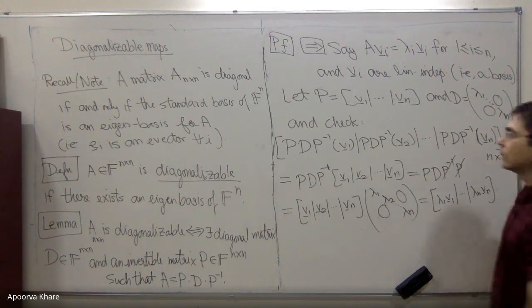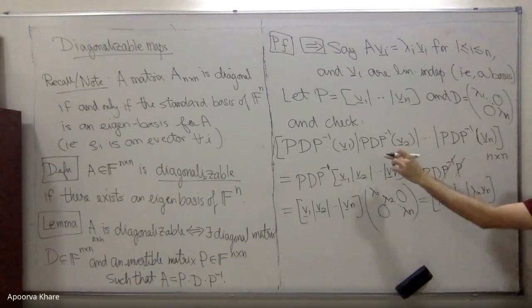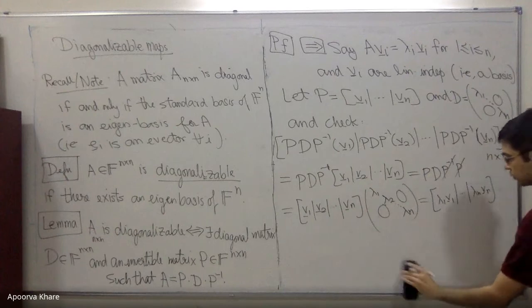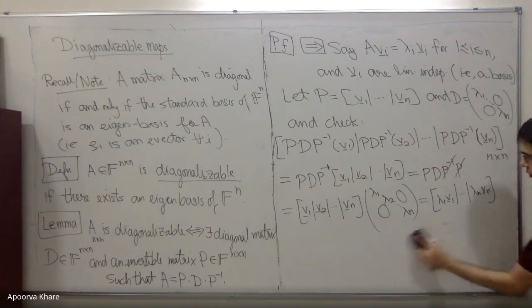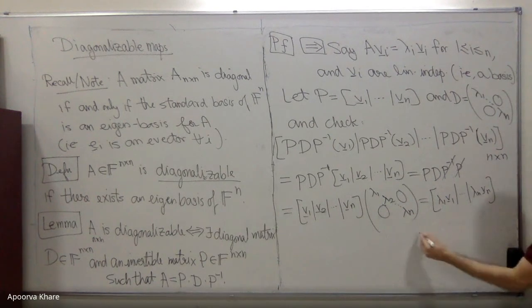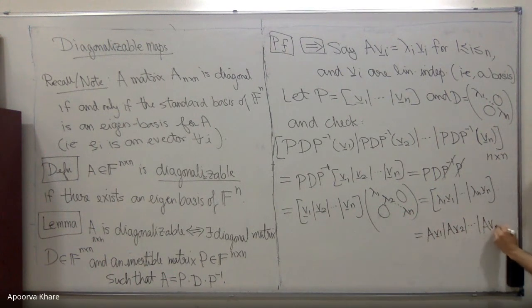But what was P D P inverse? This was exactly A. No, we haven't said that yet. This is equal to lambda I VI. What is lambda I VI? That is A VI. So this is A V1, A V2, up to A Vn.